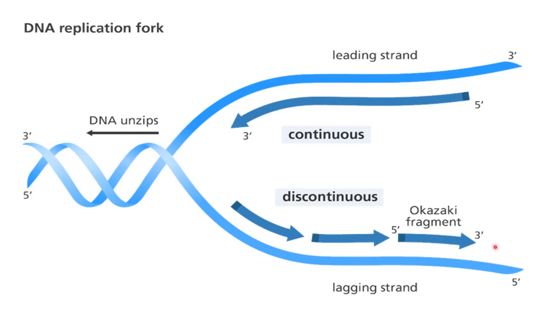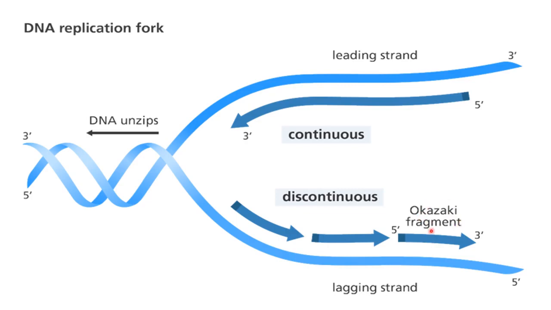This process can't be continuous because the complete length of DNA is not separating at one time. As a small segment of DNA separates, a small fragment of new strand will be formed, then again a small fragment will be formed, and then again. Like this, these fragments will be formed here, and these fragments are called Okazaki fragments.